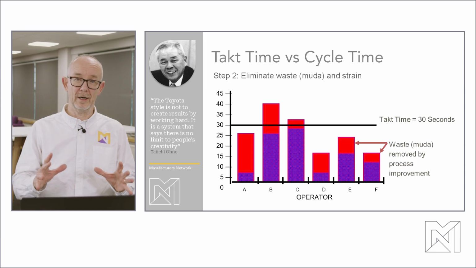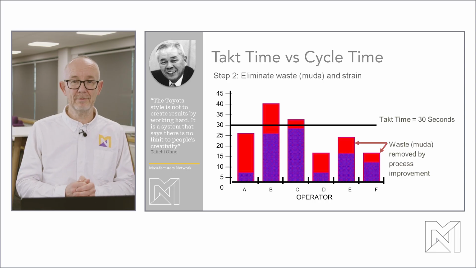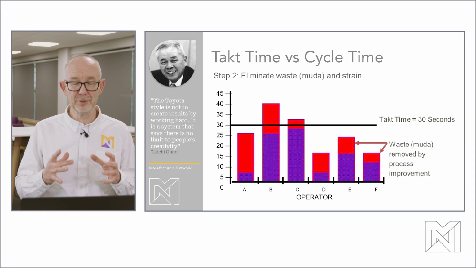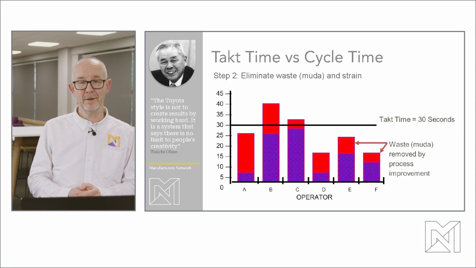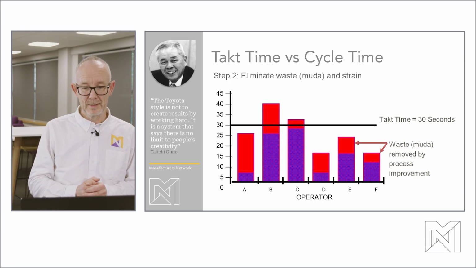So wouldn't it make sense to eliminate the waste and speed up those processes, particularly the slower ones? So the second chart is around eliminating the waste and eliminating the strain in particular on those constraint operations.